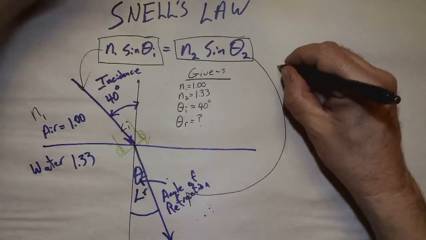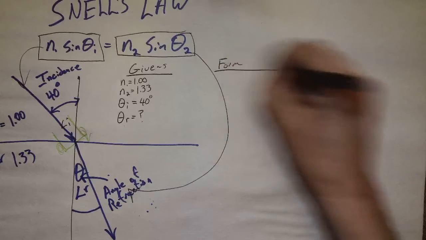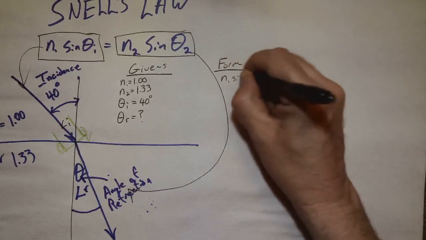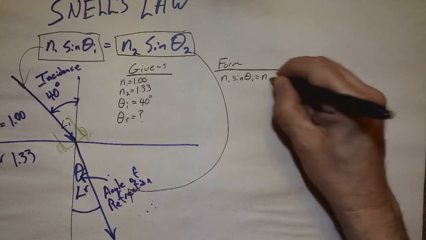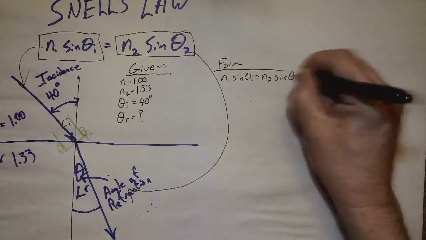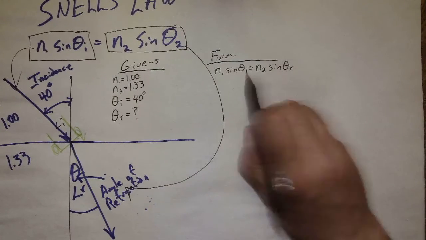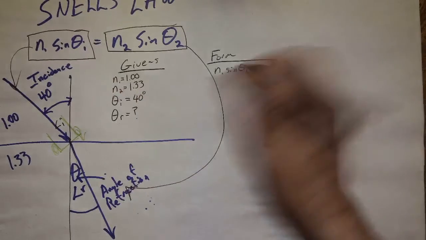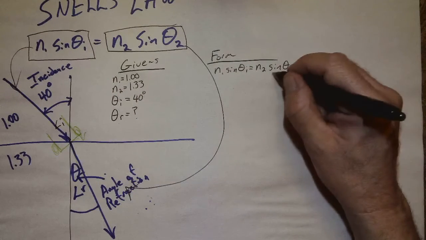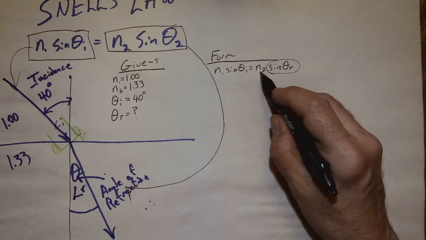So what would our formula be? That's going to be n1 sine theta I equals n2 sine theta r. You can adjust that and say sine theta 1, sine theta 2, as long as you keep track of what's happening where. And what are we looking for? We're looking for the refraction. So how would we set this up?